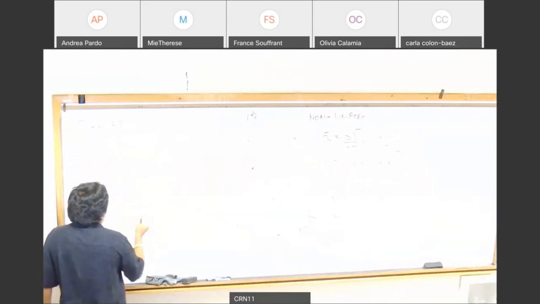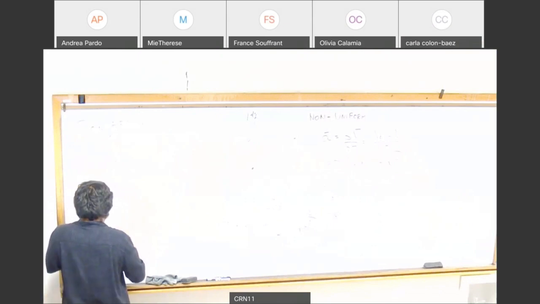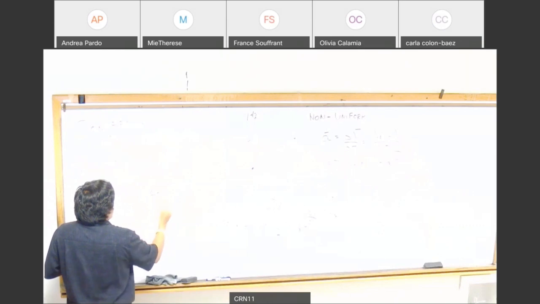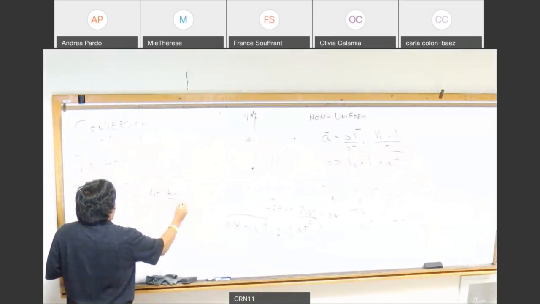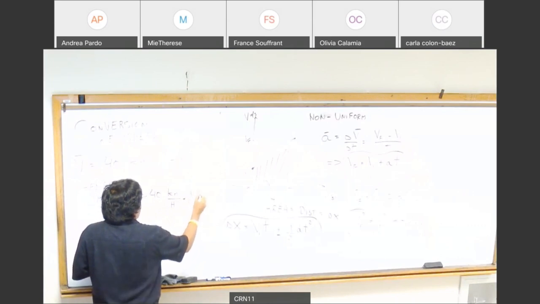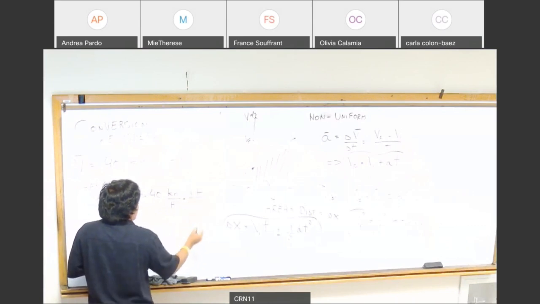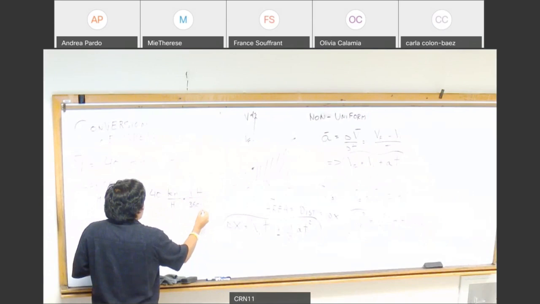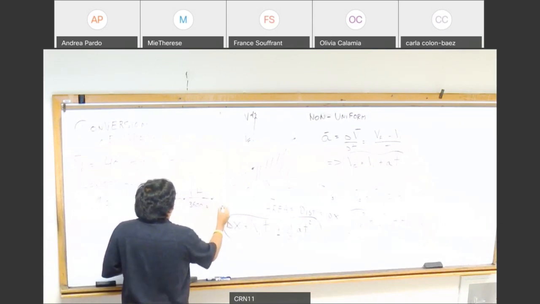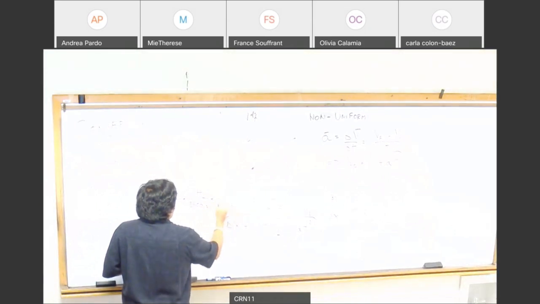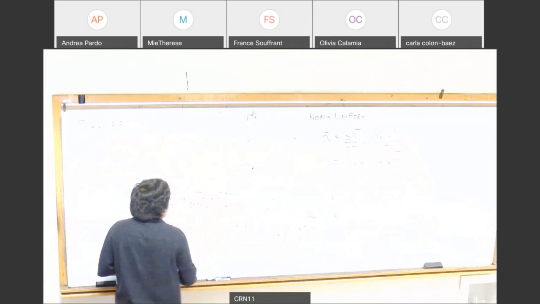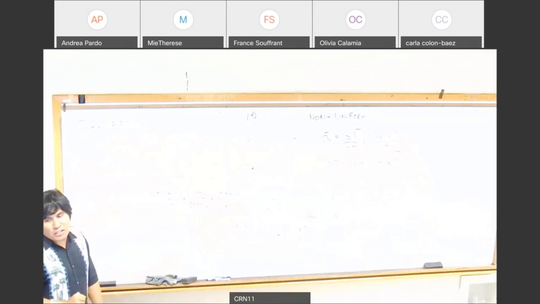You're going to do 40 kilometers per hour, and you're going to ask, 1 hour has how many seconds? 3,600 seconds. And 1 kilometer has how many? 1,000 meters. That's called unit multipliers.